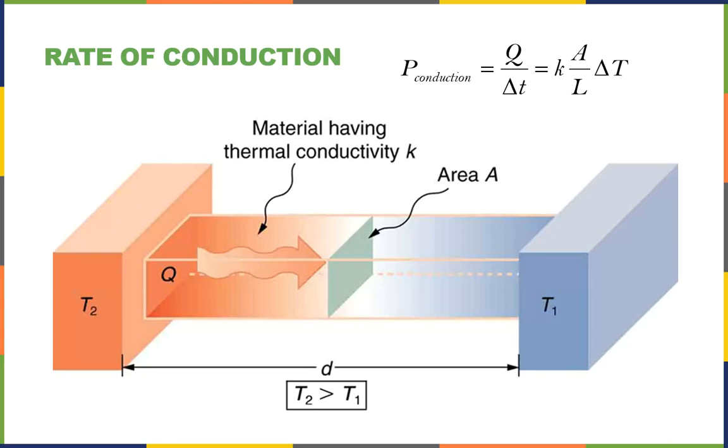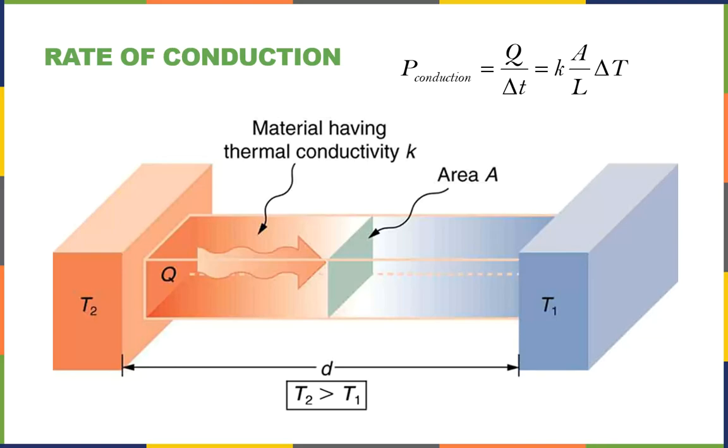And the rate of heat transfer, that's energy per time, which we call power, is proportional to the area of contact divided by the length. So in this case, in the picture, you have a bar with some cross-sectional area that's shown.